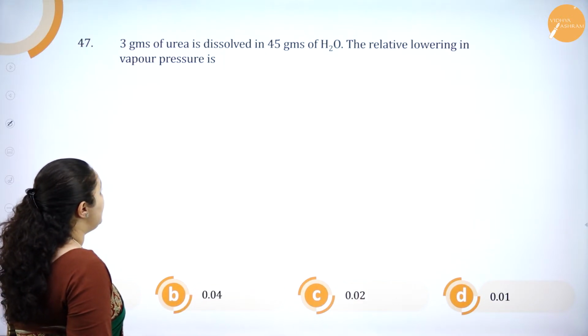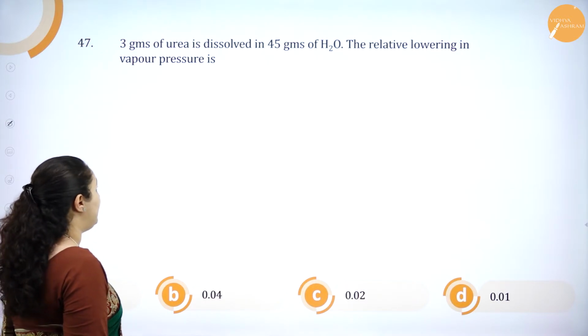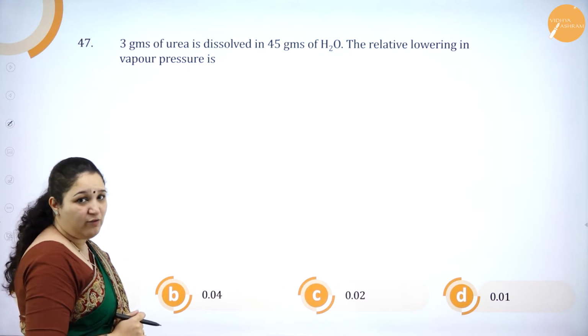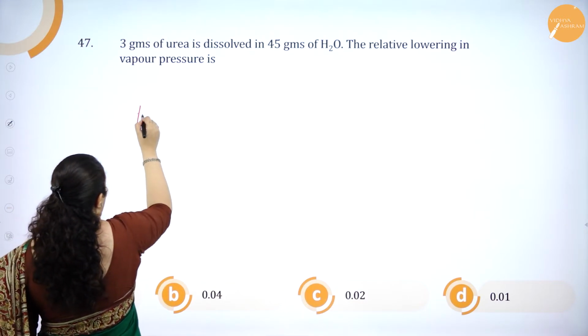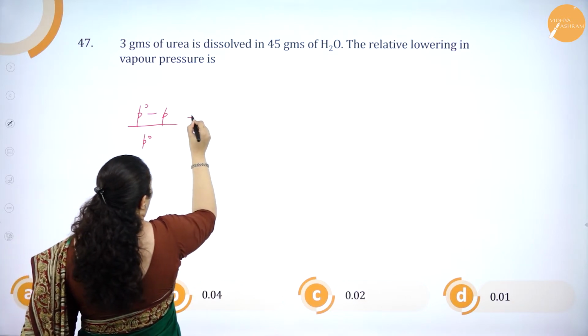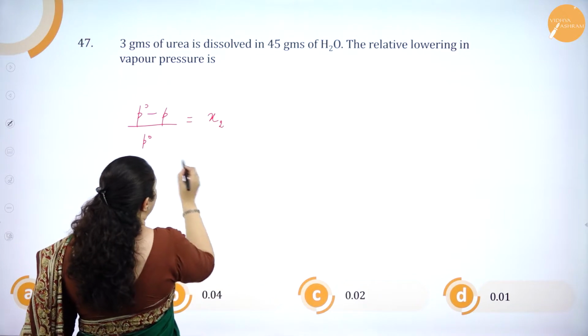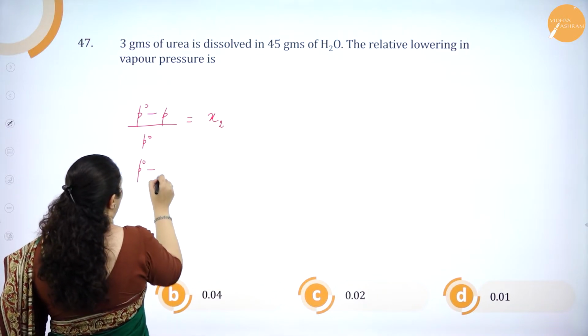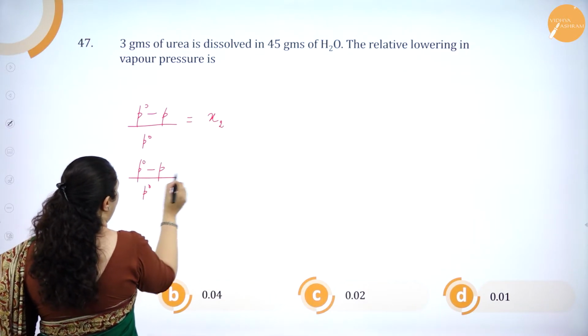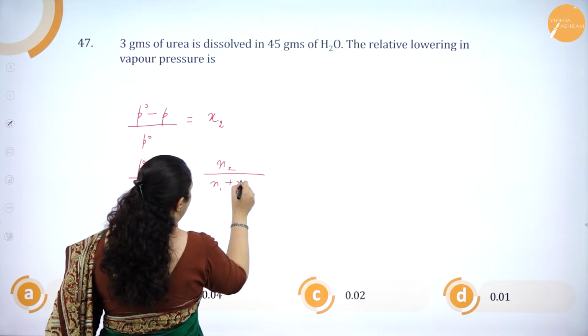3 grams of urea is dissolved in 45 grams of water. The relative lowering of vapor pressure is. For relative lowering of vapor pressure, I can write the formula as P naught minus P by P naught, which is equal to the mole fraction of the solute. So I will write it as P naught minus P by P naught is equal to N2 by N1 plus N2.